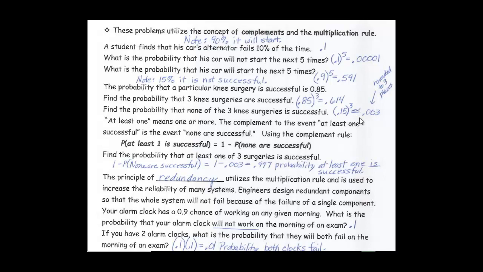I know that the probability of none of the 3 surgeries being successful is 0.003. So the complement to that would be 0.997 probability that at least one is successful, which would include 1 being successful, 2 being successful, or 3 being successful. It just doesn't include this one here.